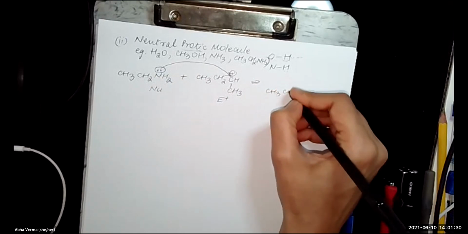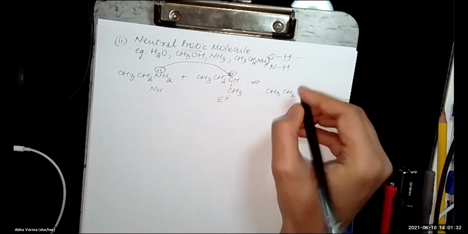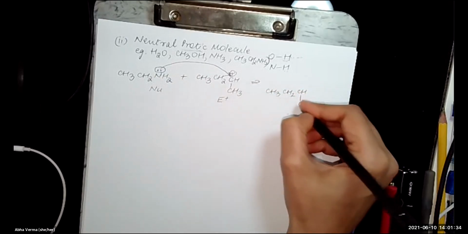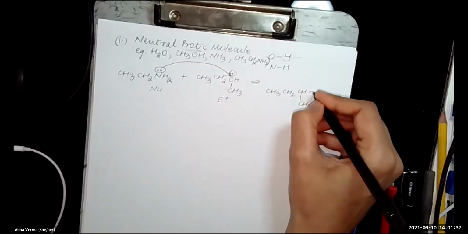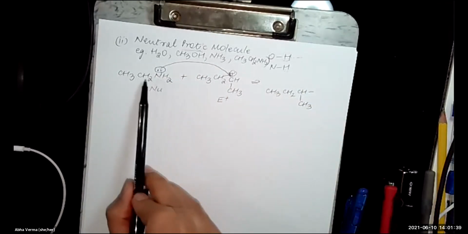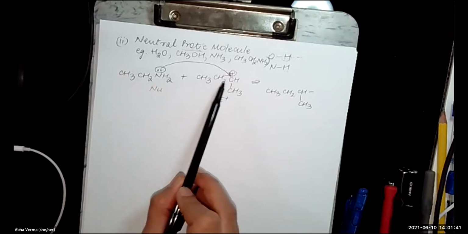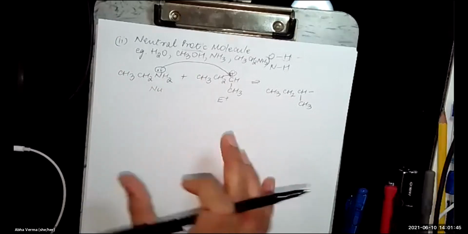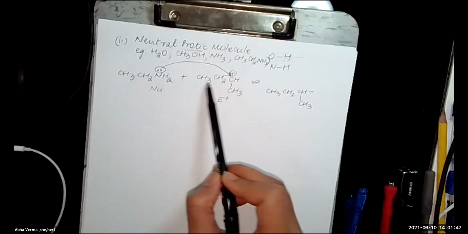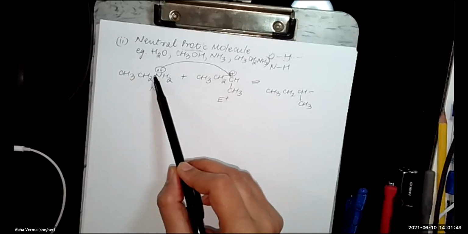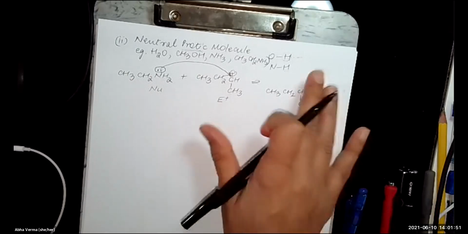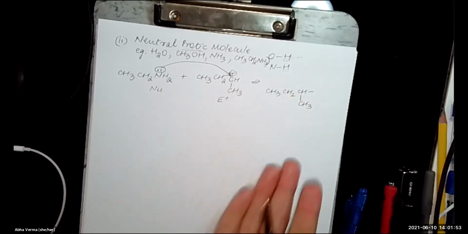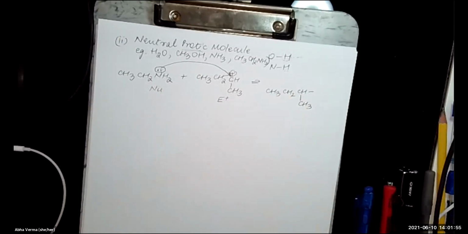I will get CH3, CH2, CH, CH3. Now, I want you to see, instead of starting from here, I have now started from here. And you can do any of these as long as you have all the carbons, all the other atoms, all the groups from both the structures in the right place. So that is also a possibility that I want you to see.